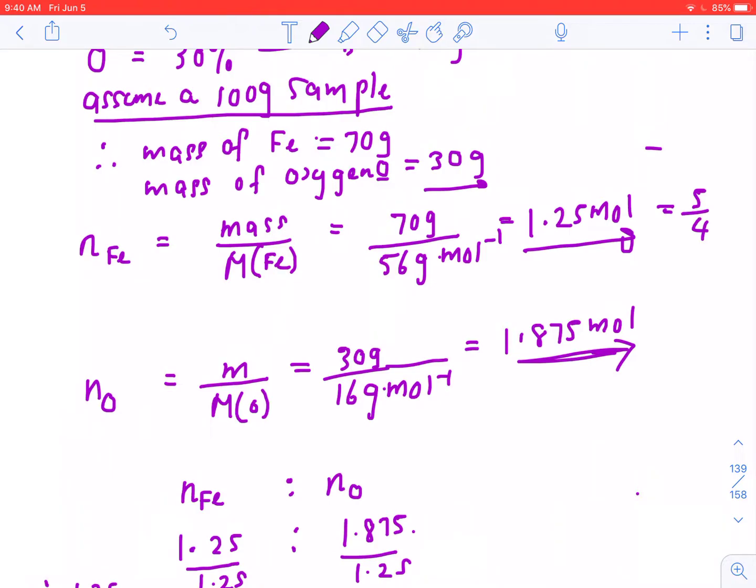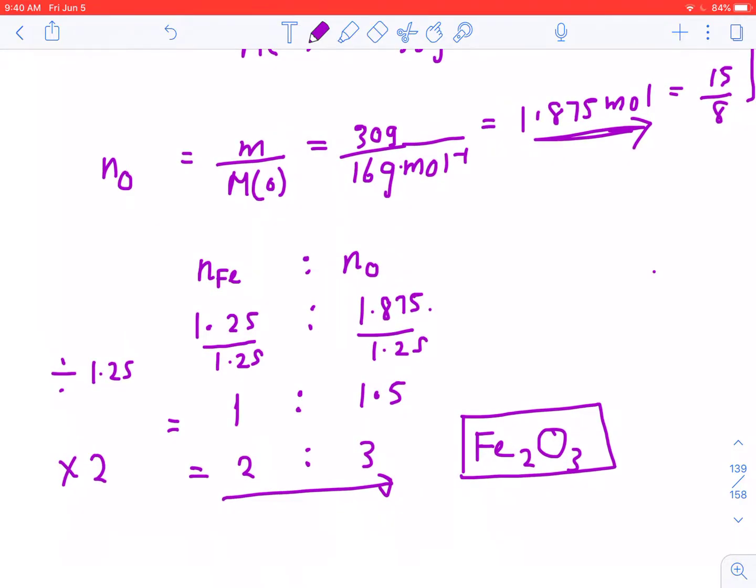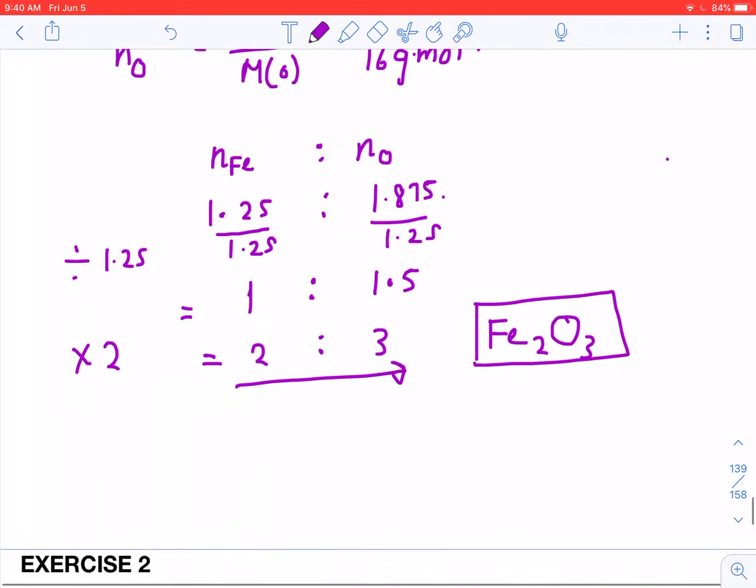And 1.875 is the same as 1 7/8, which is equal to 15/8. You could have it in fractions if you wanted to.